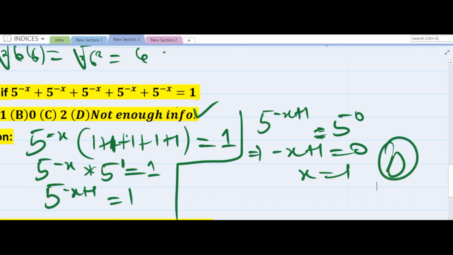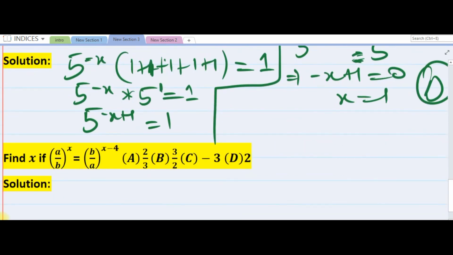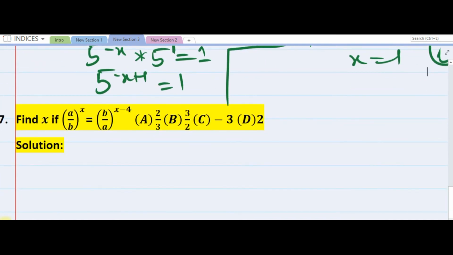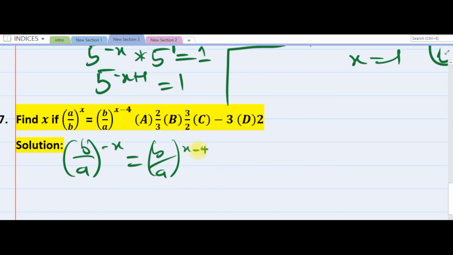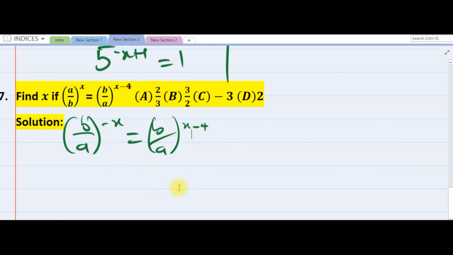So the next question, we are given that a over b raised to power x equals b over a raised to power x minus 4. We must compare sides. So we check the base and the power. So what we have here is a over b and b over a. So I can write a over b as b over a with a negated power. Remember the law. Because I'm trying to compare the two sides, the base and the power must be the same.